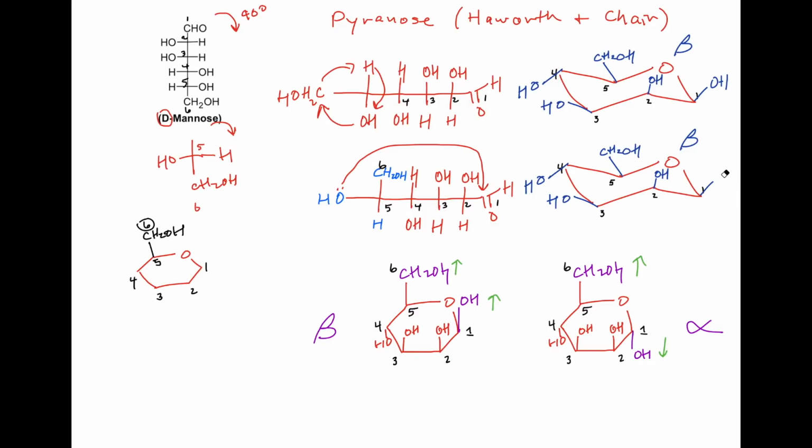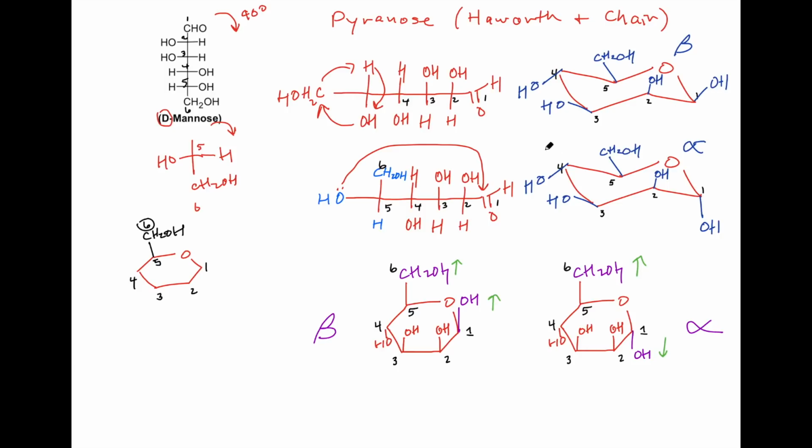At carbon number 1, all we have to do is change this, because we know that up is equatorial at this carbon number 1, and down is axial. So because down is axial, we're looking for the down, this is where the alpha anomer is going to form. So the alpha anomer is going to have this OH down at carbon number 1, while the beta anomer is going to have the OH facing up at carbon number 1.